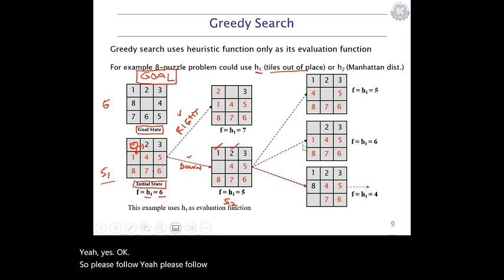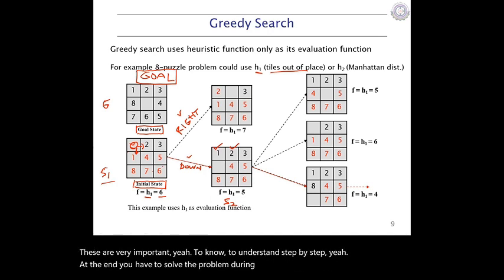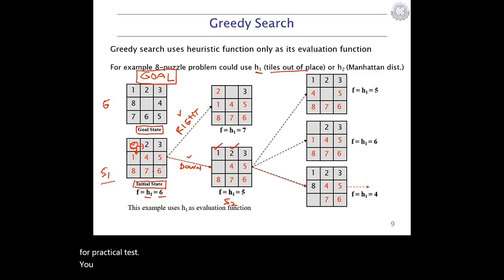The other students, please follow, because these are very important to understand step by step. At the end, you have to solve the problem during the theory exam or the theory test, using manual calculation like this, because you do not use the algorithm, unless for the practical test, when you construct the code, and after that you can solve it very fast.